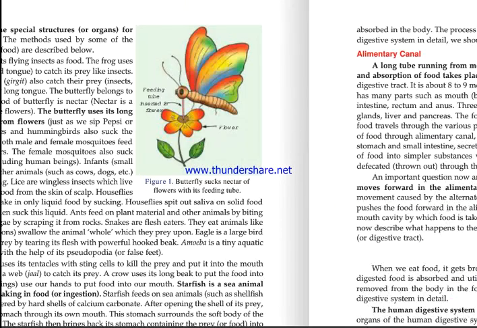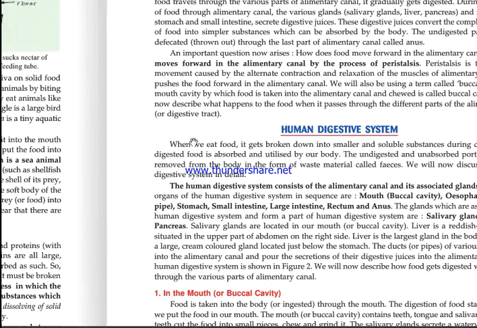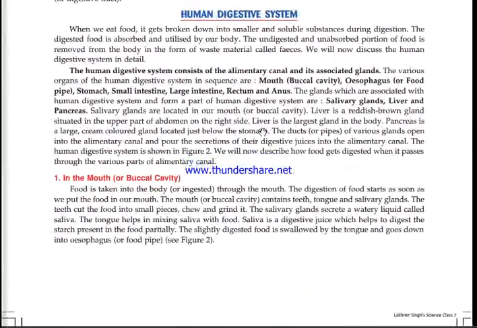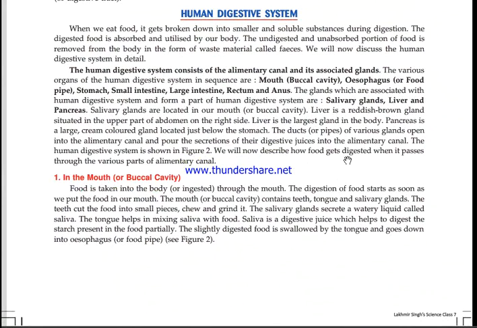Now see the first stage: the mouth, which consists of the buccal cavity.